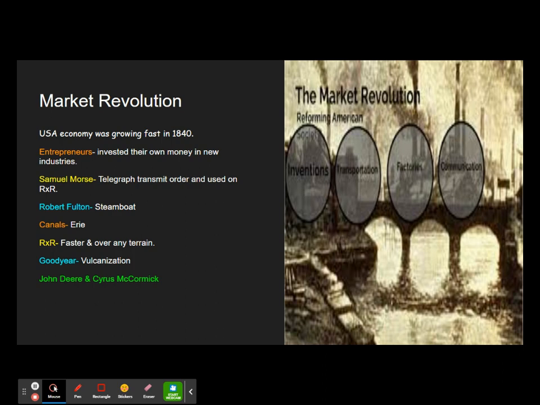And then the days of canal building lasted a while. One of the largest canals you've probably heard of is the Erie Canal. The Erie Canal connected the Atlantic Ocean to the Great Lakes. But canals, however, became obsolete. Not really, I mean, not obsolete.